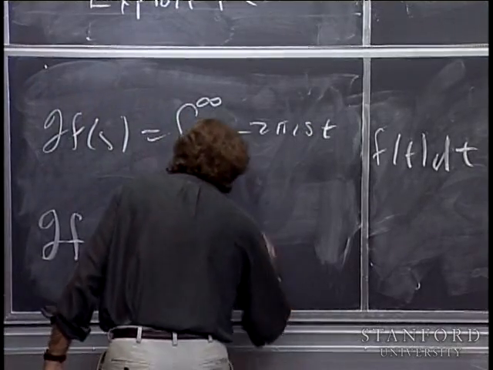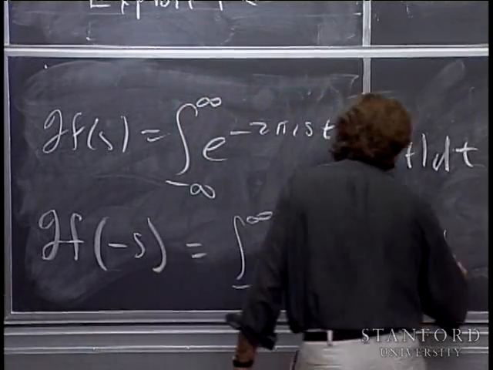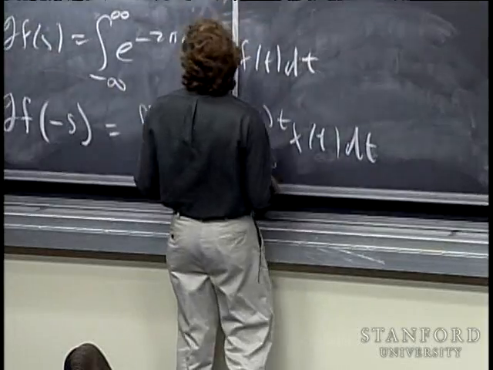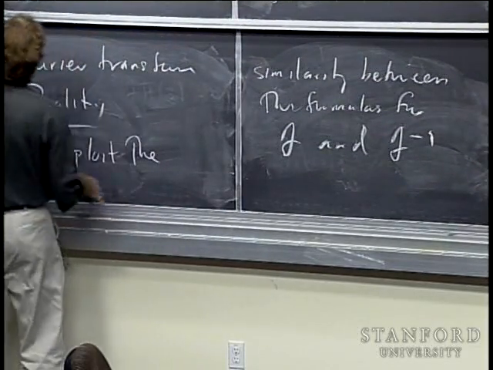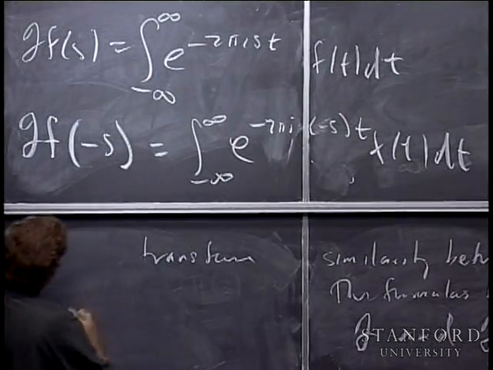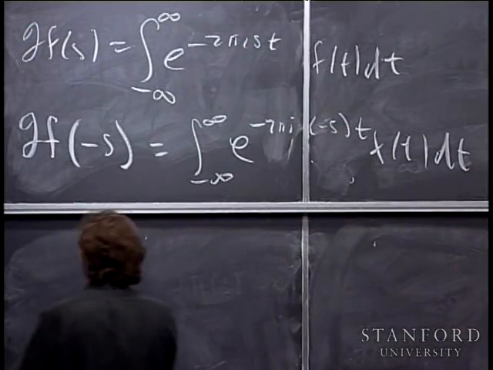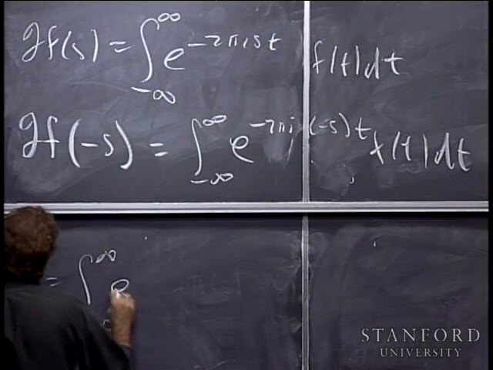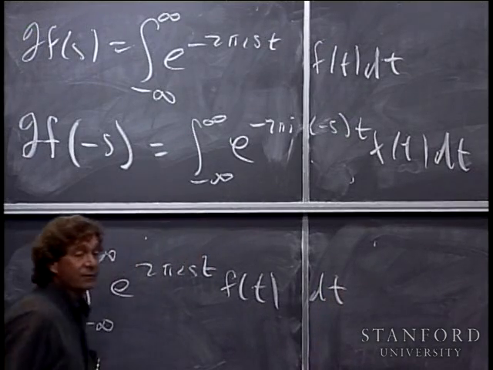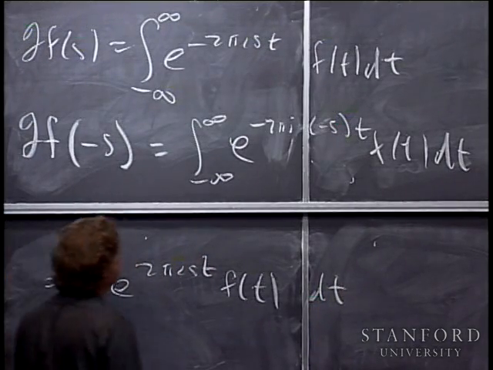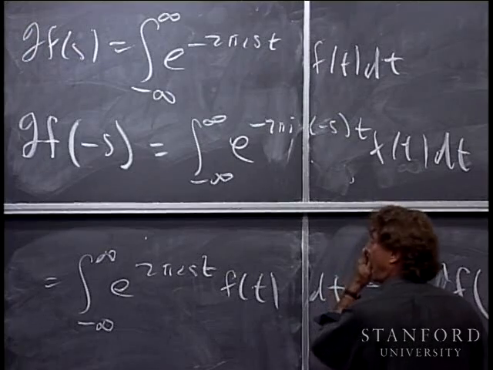I get the integral from minus infinity to infinity of e to the minus 2 pi i times minus s t f of t dt, which is the integral from minus infinity to infinity of e to the plus 2 pi i st f of t dt, which, according to my formula for the inverse Fourier transform, is the inverse Fourier transform of f at s.